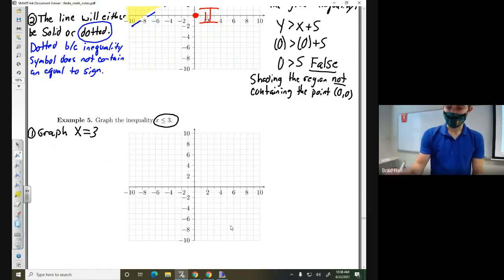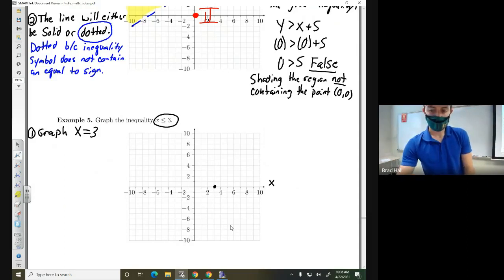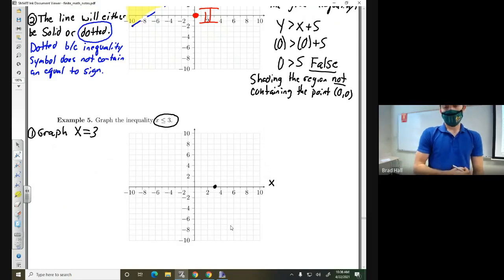Another way you could think about this: here's 3 on the x-axis, and you're not allowed to leave that part of the x-axis, because if you do, then you would have x is equal to 7 or something. But it doesn't say x is equal to 7. It just says x is equal to 3. So this only allows you to go up and down.